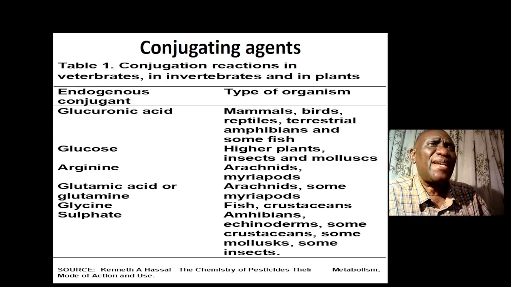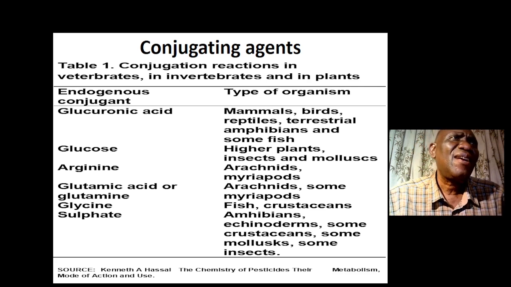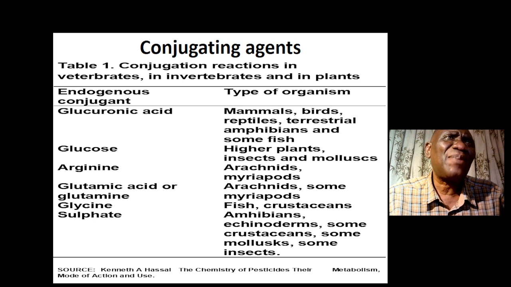Here is a summary of conjugating agents. We have got glucuronic acid in mammals, birds, reptiles, terrestrial amphibians, and some fish. Glucose, higher plants, insects, and mollusks. Arginine for arachnids and myriapods.